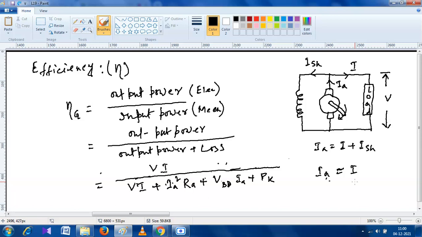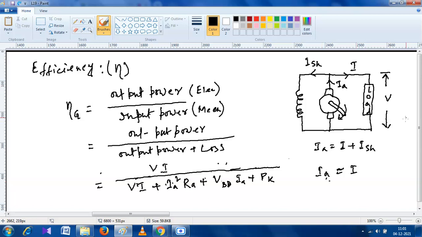Normally it is seen that the field current is very much less than the armature current and the load current. So we can neglect the field current with respect to the output current or load current, or you can say with respect to armature current. So we can write that the armature current is nearly equal to the load current.